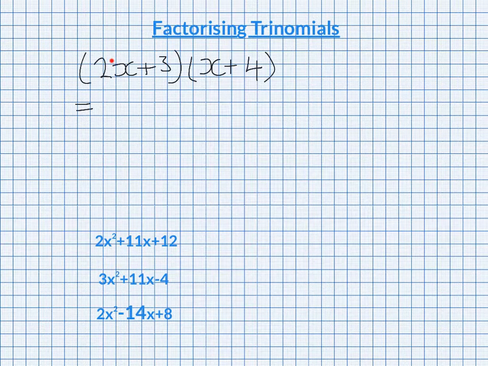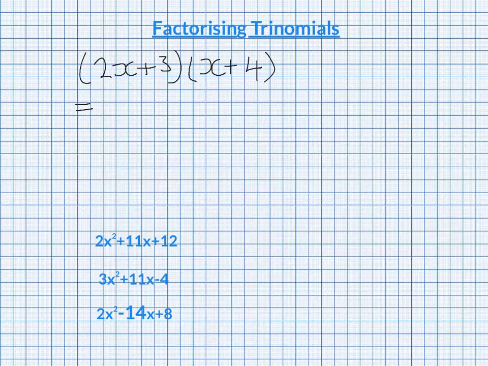Now here I've got 2x plus 3 times x plus 4. When I'm multiplying out a bracket like this, I take the 2x first, and I multiply it by x, then I multiply it by 4, then I take the positive 3, I multiply it by the x, and I multiply it by the 4.